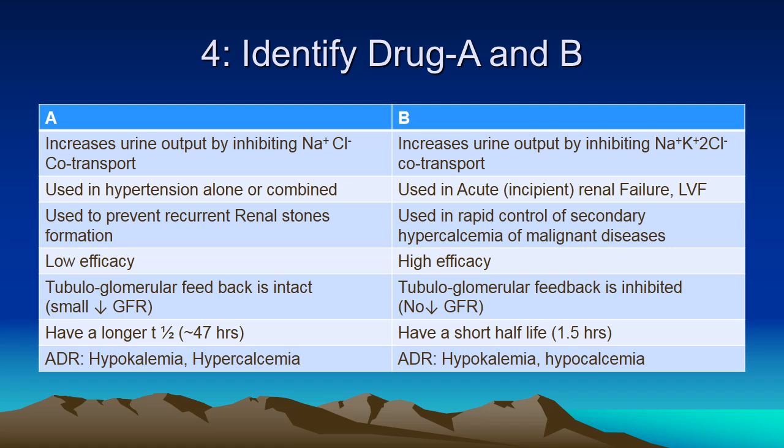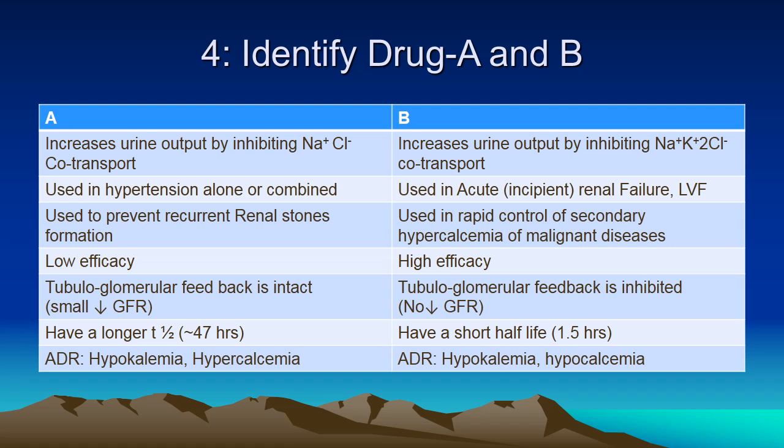A is a low efficacy diuretic, B is a high efficacy diuretic. A does not inhibit tubuloglomerular feedback. That's very important. Whereas B definitely inhibits tubuloglomerular feedback.